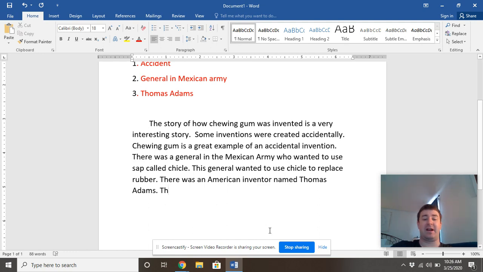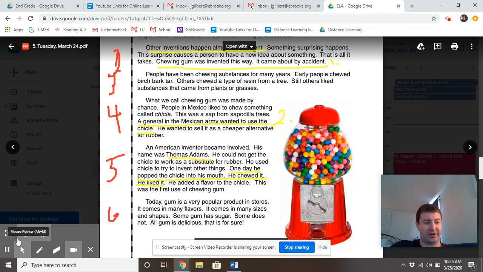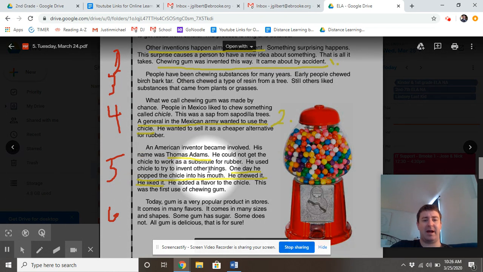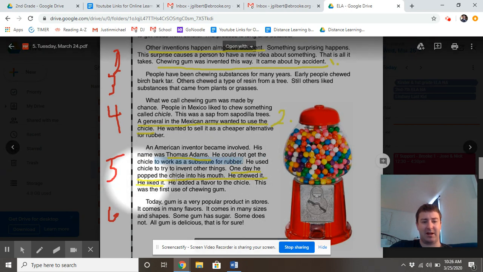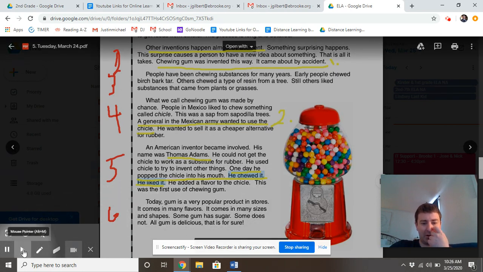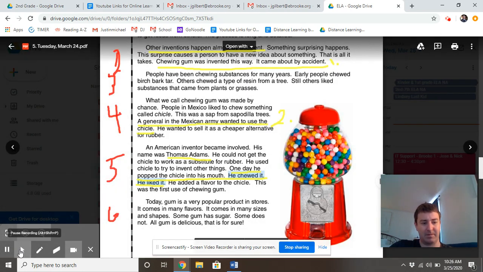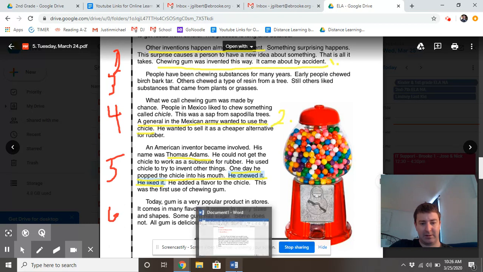Now I'm going to talk about that connection. Let's go back and actually take a look at that. I'm going to talk about that connection now, how he wanted to use it as a substitute for rubber, but of course it didn't work, and then he chewed it and he liked it. Okay, that's what I'm going to start writing about. So let's go ahead and do that.